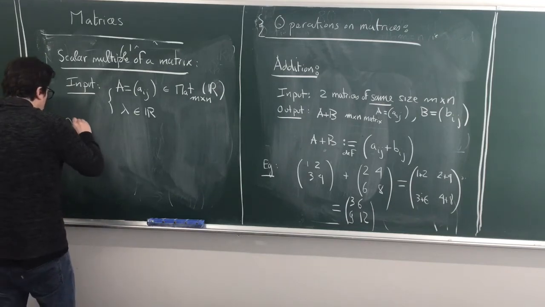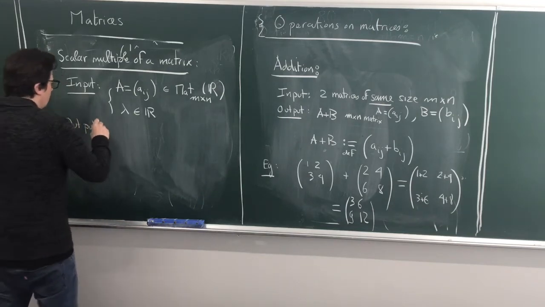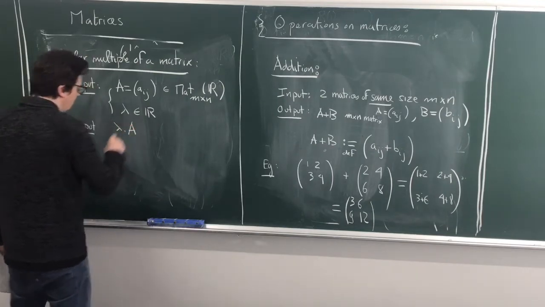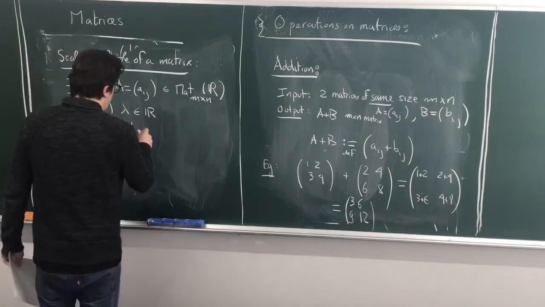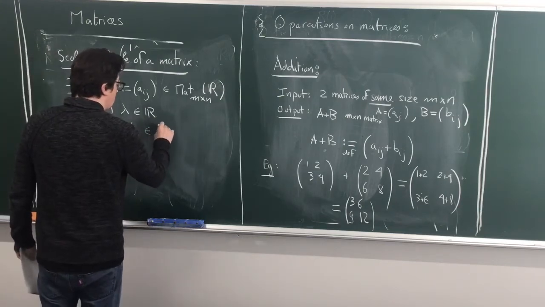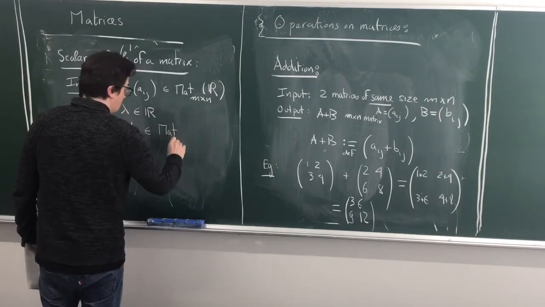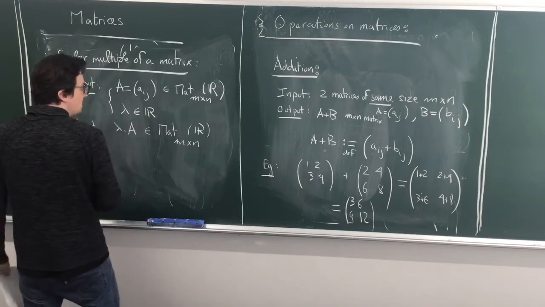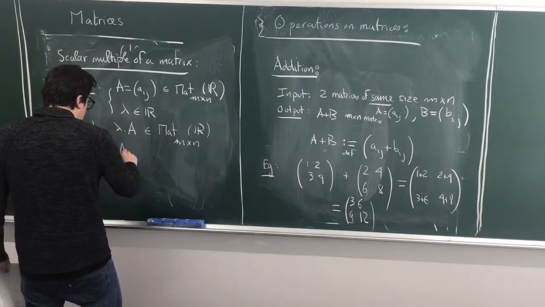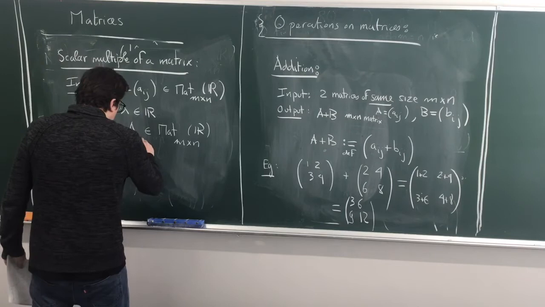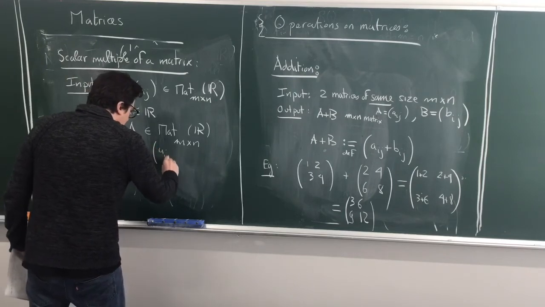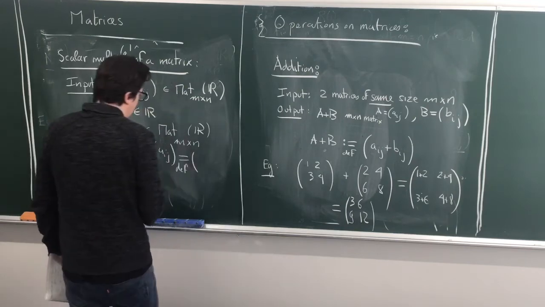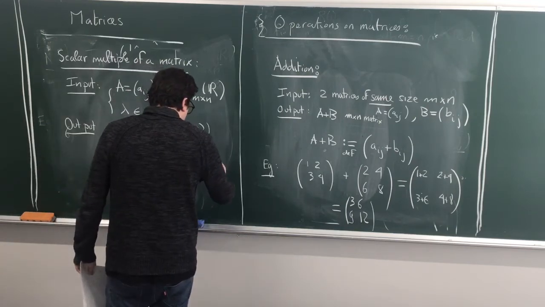The output will be a matrix that I denote lambda dot A, and it will be a matrix of the same size as A, m times n, defined by the following formula. Lambda A will be equal to lambda aij. By definition, this is just a matrix with coefficients lambda dot aij.